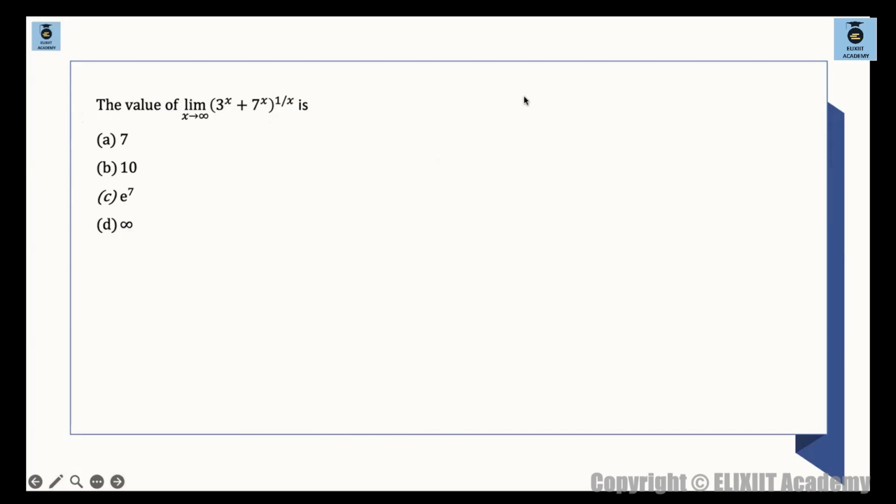Whenever you have this format, (a raised to the power of x plus b raised to the power of x) whole raised to the power of 1 by x, take the bigger quantity out as x tends to infinity. Why do we take the bigger quantity out?